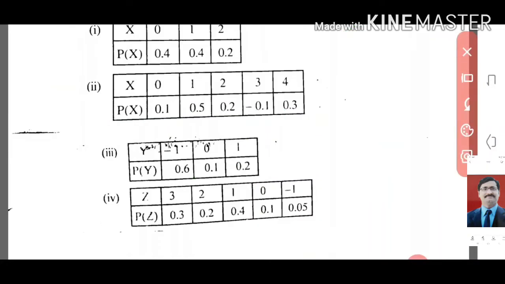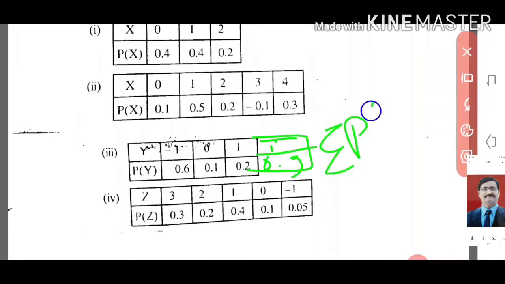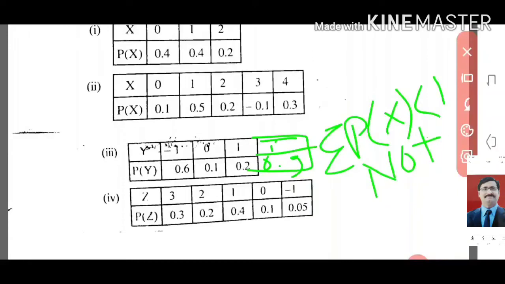All of you understand? Now you check this question. Here you do the total, and this total, the summation of px, is less than 1, which means it is not a probability distribution. Look, the summation of all these probabilities should equal 1.